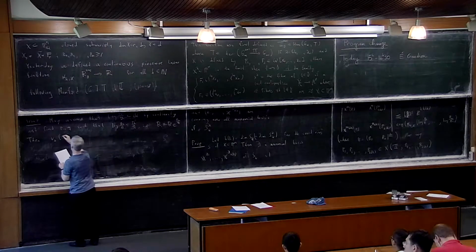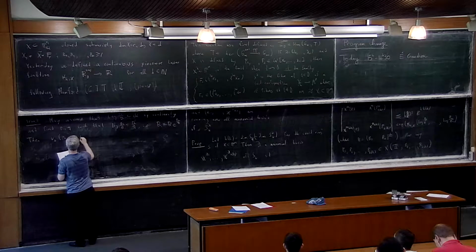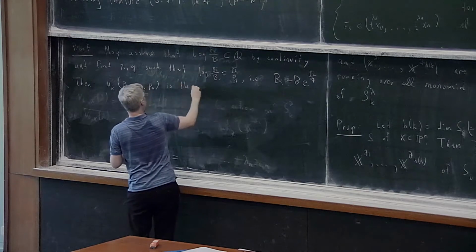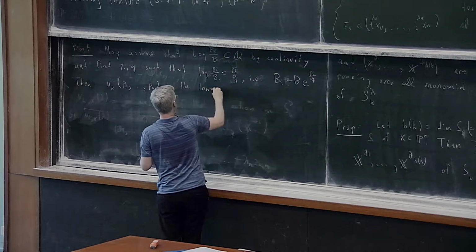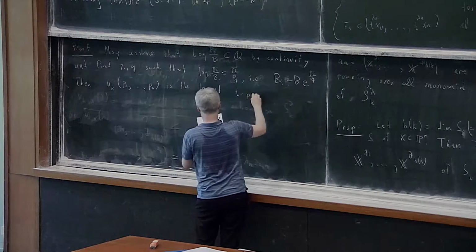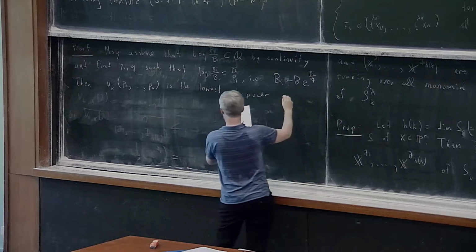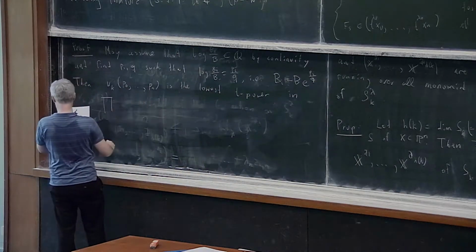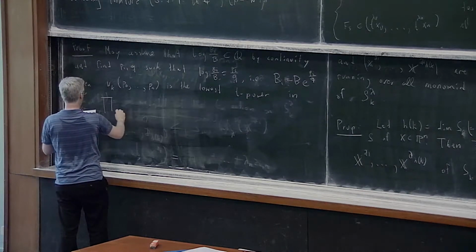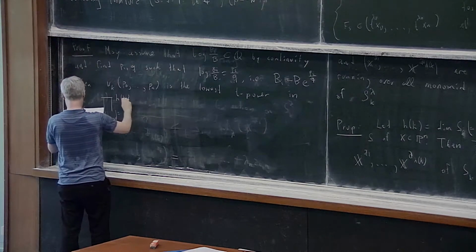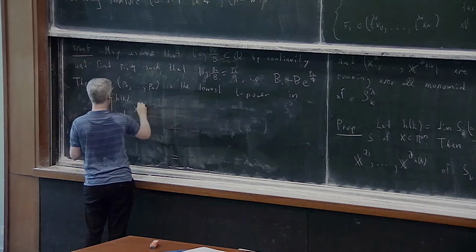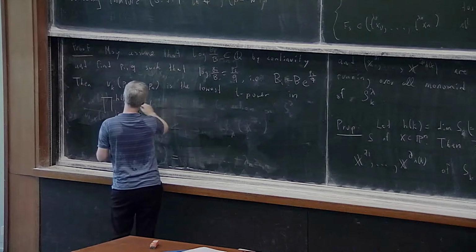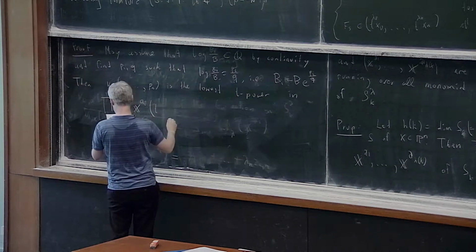So the weight of p_0 up to p_n is the lowest T power in this product, where I take the product from 1 to h_k, and I evaluate these monomials at the L tuples.